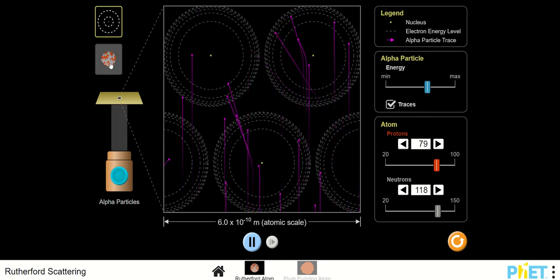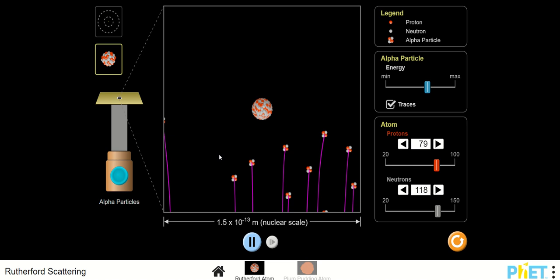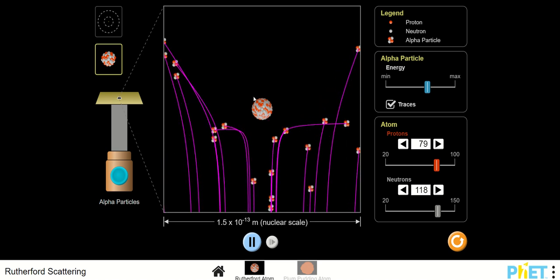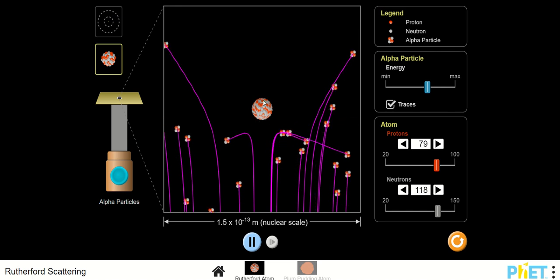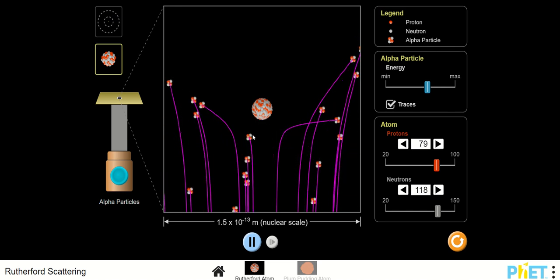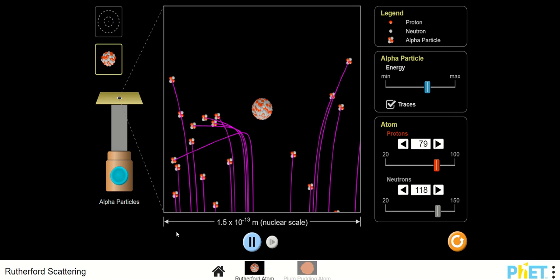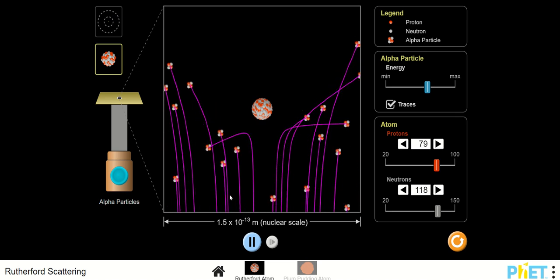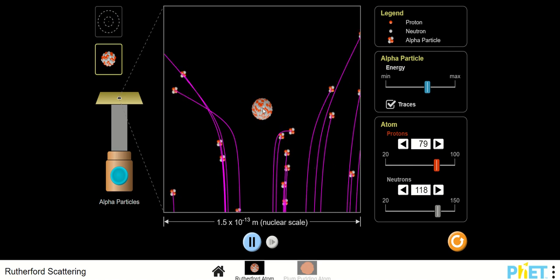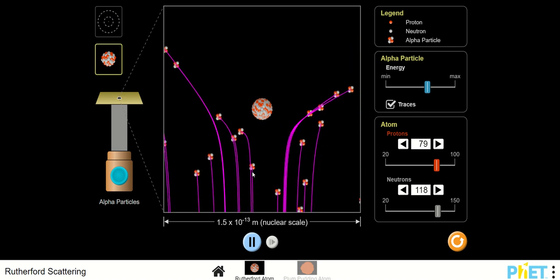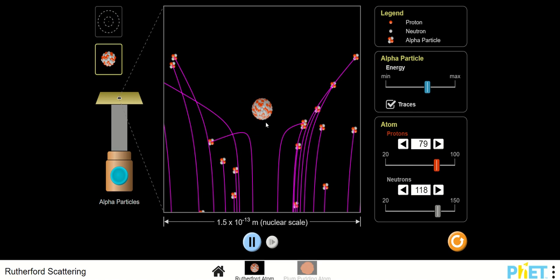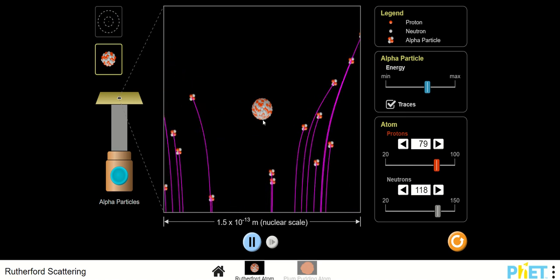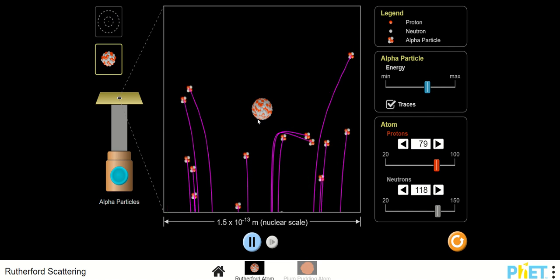So if I click on this zoomed in version, you can see that when they get close to that, this is what that yellow dot represents, they get deflected and some of them even bounce back. So part 2 of the experiment is the actual result of Rutherford's experiment, and that's where they proposed what we call the nuclear model of the atom.